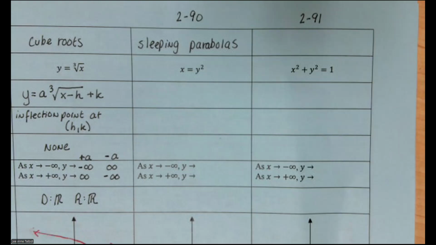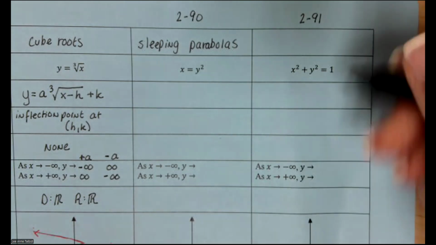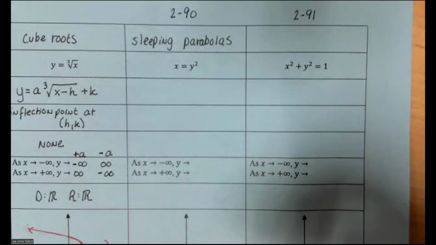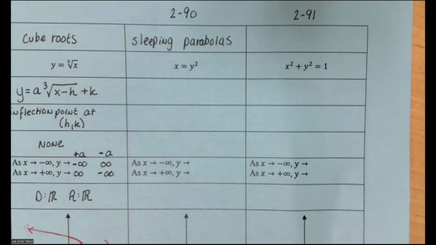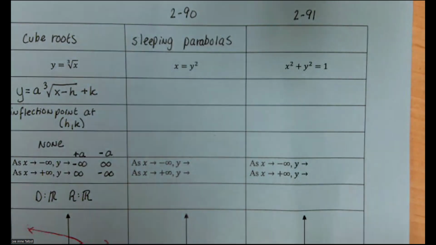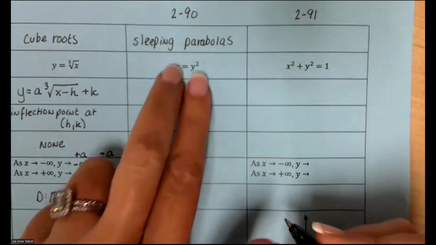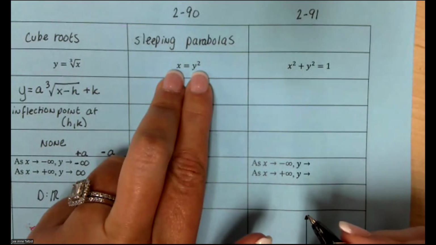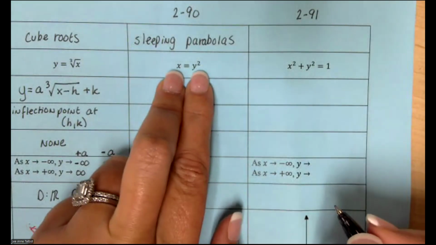Okay. Now sleeping parabolas are complicated, so I'm going to ask you to focus. The next one we do, this one is easy. This one, sleeping parabola is the hardest one. Because everything is wonky, we just need to go very carefully. Now, what do you notice about the x and y versus a regular parabola?